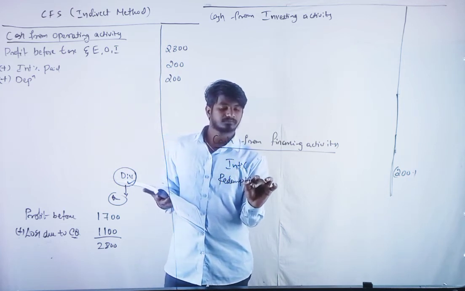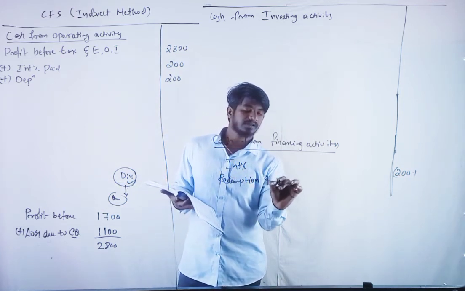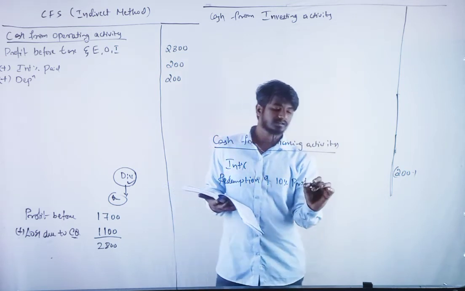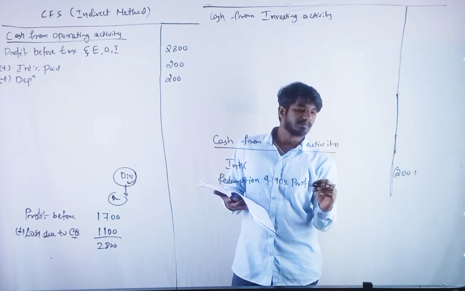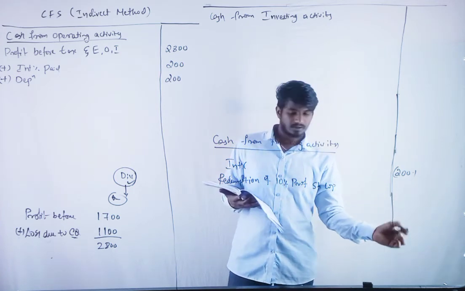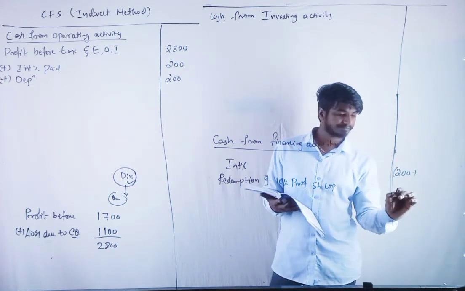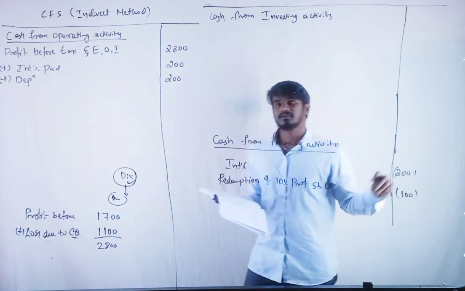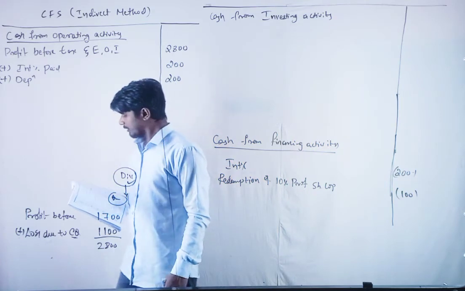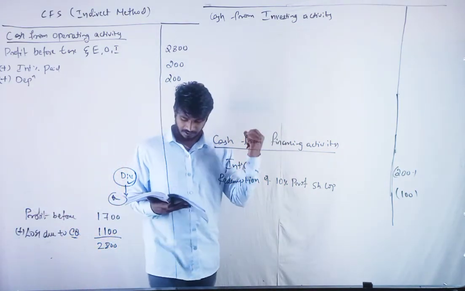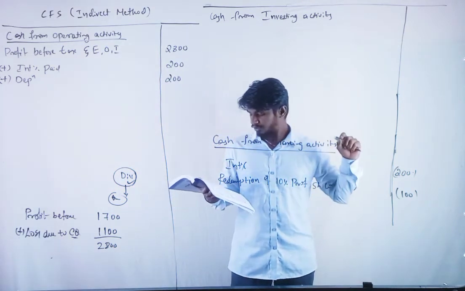Redemption of 10% preference share capital. How much we have paid? 100 we have paid, right? Cash is going out of the company. Next, surplus profit is already over.